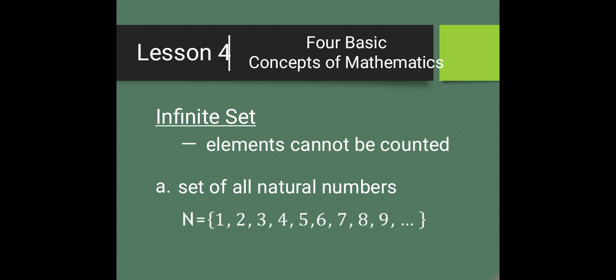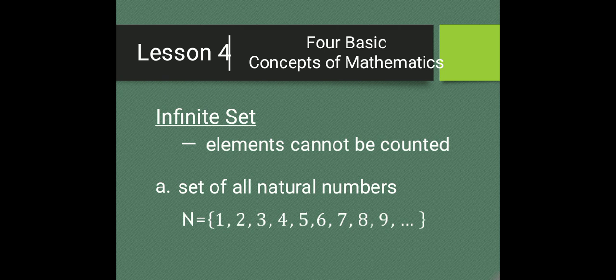A is the set of all natural numbers. So, unlike earlier where it was only the even natural numbers less than or equal to 10, here we have the set of natural numbers. Again, the natural numbers go to infinity, starting from 1.